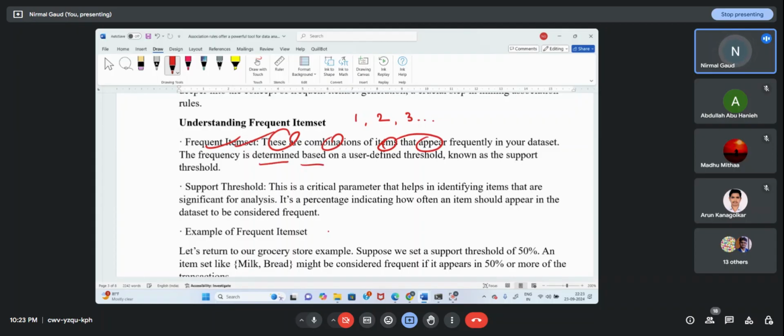The frequency is determined by a user defined threshold. So this is a critical parameter. That means how many items one can purchase. For example, if one can purchase max 4, we can make combinations of 3. This threshold is a critical parameter for identifying the items that are significant for analysis.